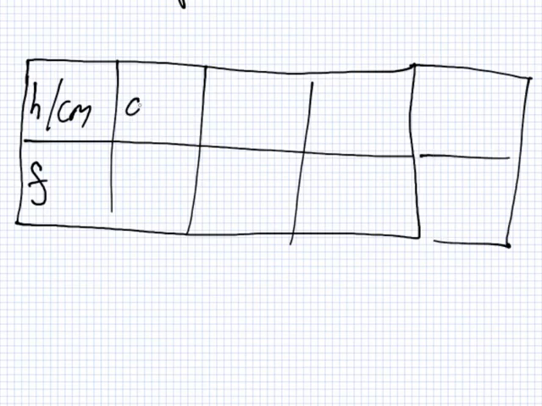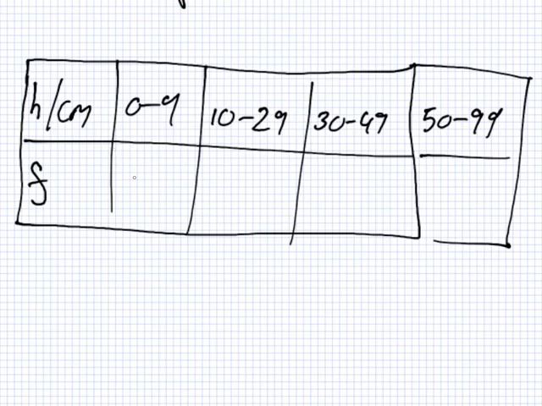Okay, 0 to 9, 10 to 19, 20 to 29, 30 to 49, and then 50 to 99, and then here 2, 3, 4, 1, like this. So this time I want the standard deviation.